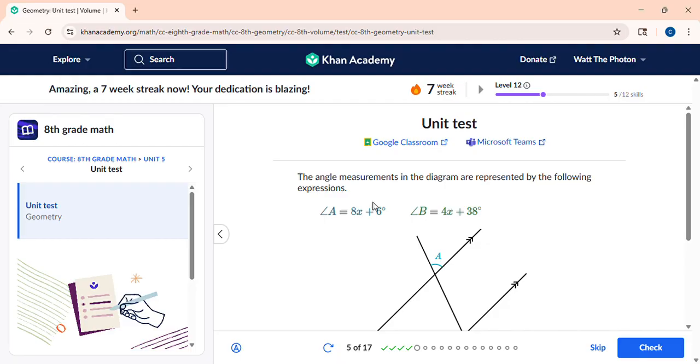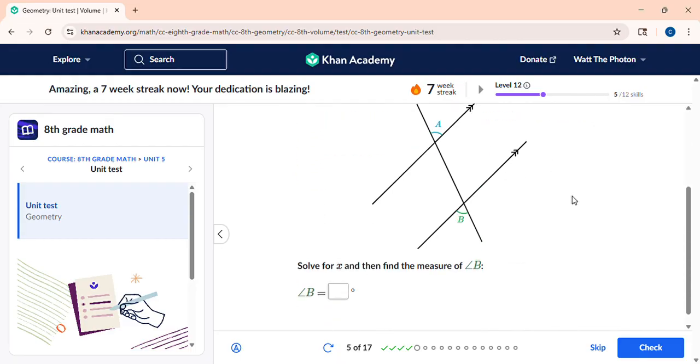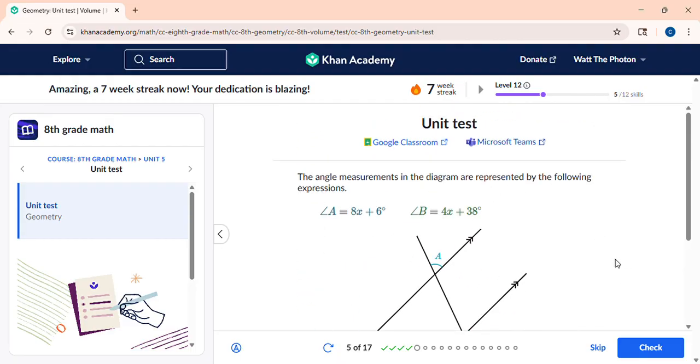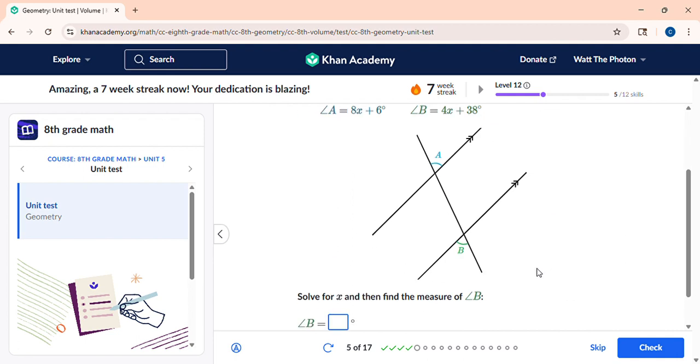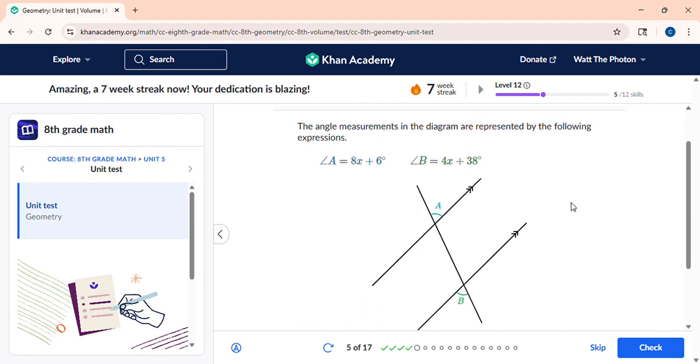The angle measurements in the diagrams are represented by the following equations. Solve for x and find the measure of b. Let's see. I think a and b have to be equal. So we're going to have 8x plus 6 is equal to 4x plus 38.